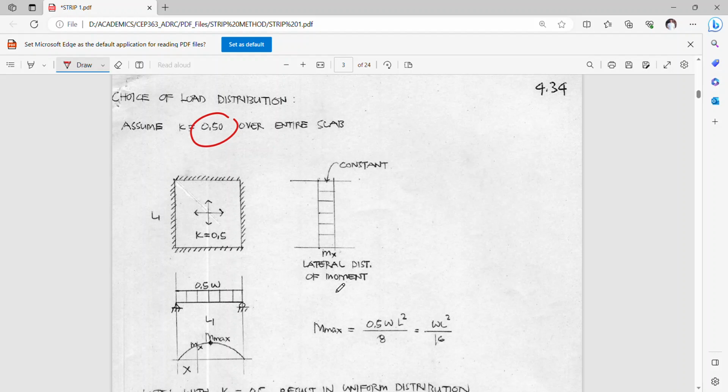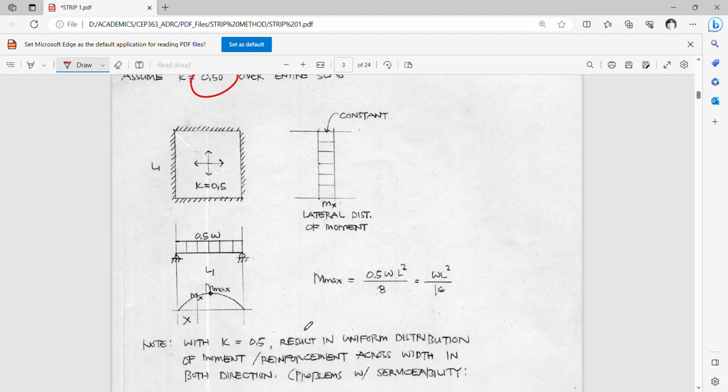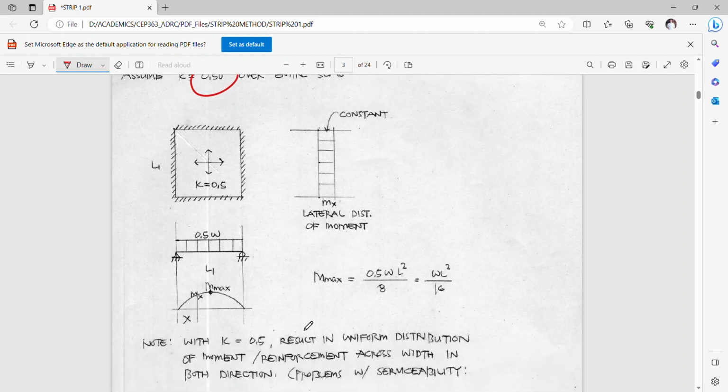Hence your maximum moment, if you want to design the slab at the critical section, is simply one half of your static moment for the whole load W, hence Mmax is WL squared over 8 over 2, or simply WL squared over 16.